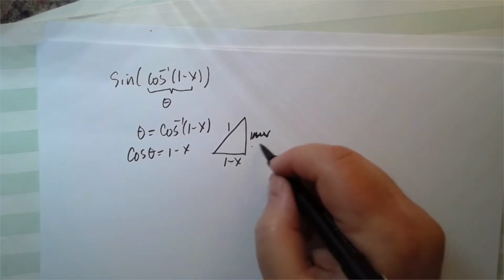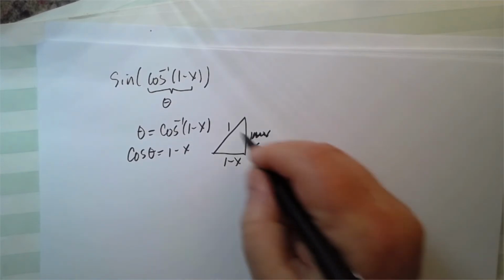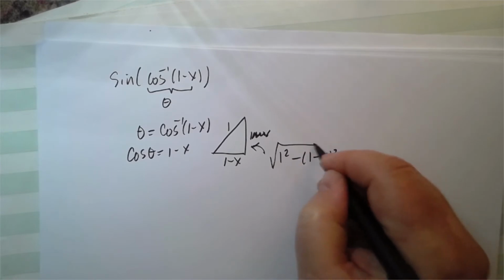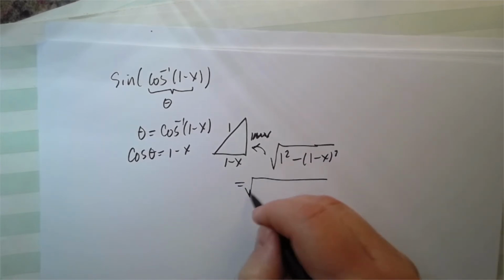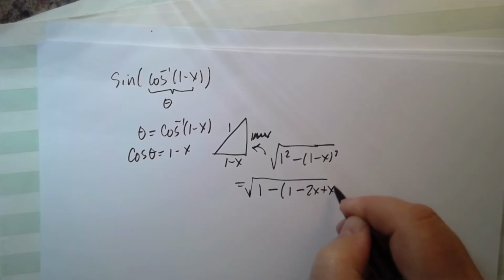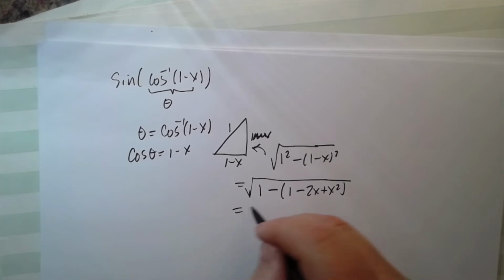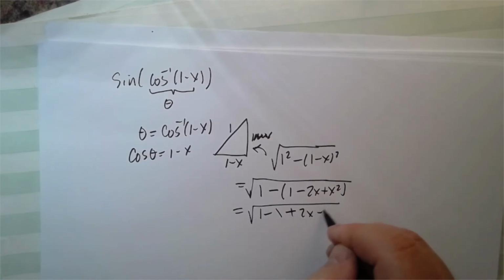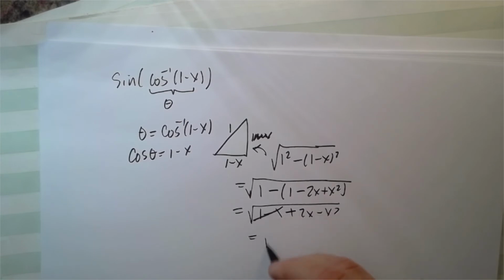This side would be hypotenuse squared minus this side squared. So what would that simplify to? That would be 1 minus 2x plus x squared. Distribute the minus, so we get 1 minus 1 plus 2x minus x squared. Those cancel out. So I get 2x minus x squared.